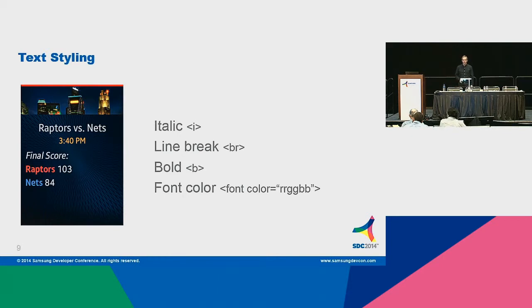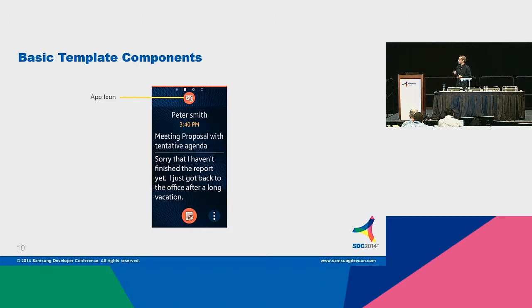And the last thing is we're going to talk about the templates. But before we get into the different types of templates, let's look at the most common components in a template. So you have an application icon. You guys supply this.